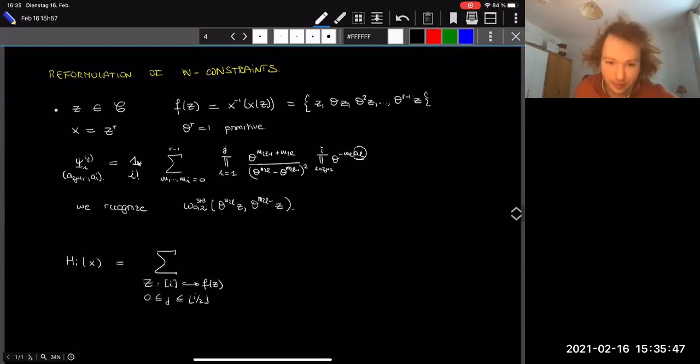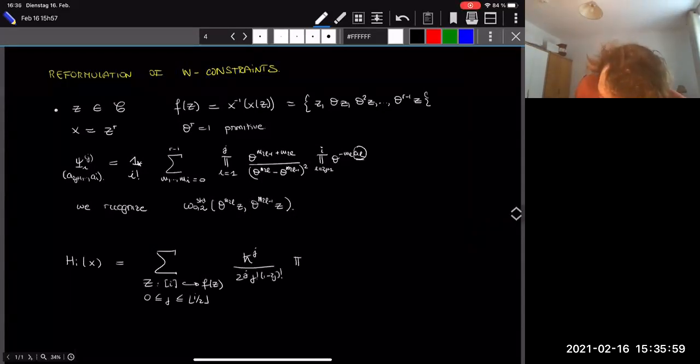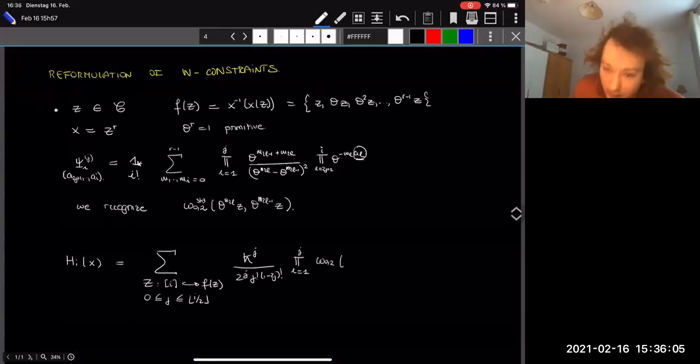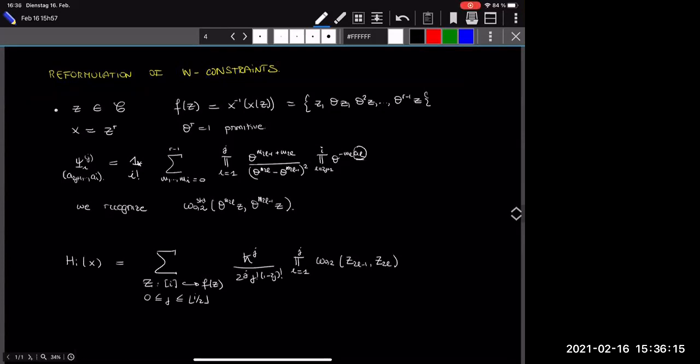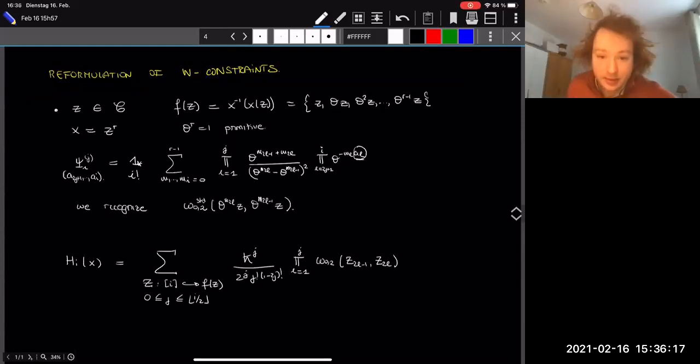I still have my sum over pairs. I will have some h bar to the j, 2j, j I minus 2j. Then I have the product from 1 to j of omega 02 of z 2l minus 1, z 2l. So that's the elements of this set. Is there an I factorial in the numerator? There is no I factorial because it disappeared also with what I had in the W.